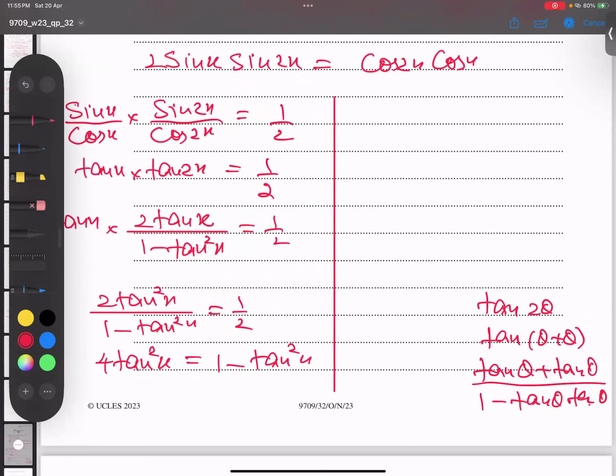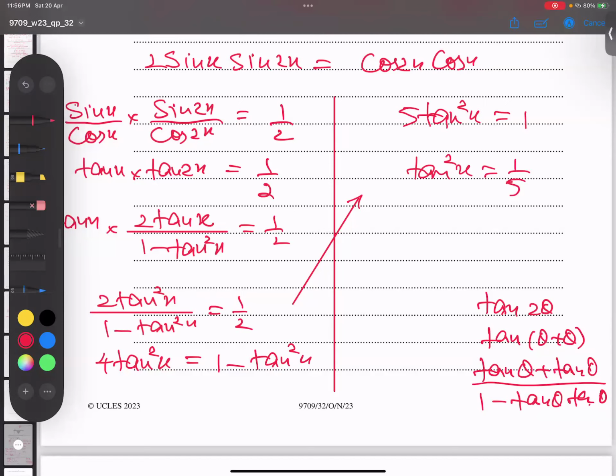Okay, I get 5 tan square x. I hope you understood well. Let me recheck: 5 tan square x equals 1, and tan square x equals 1 over 5.